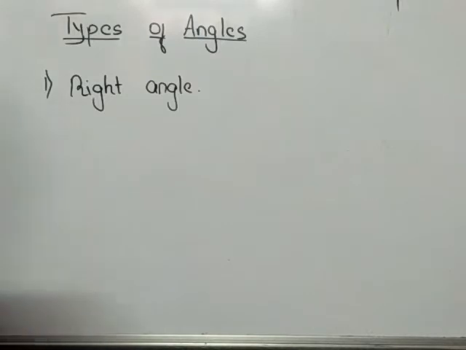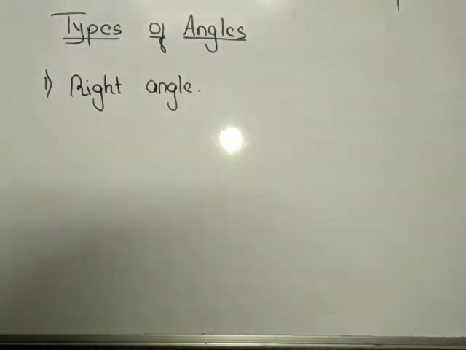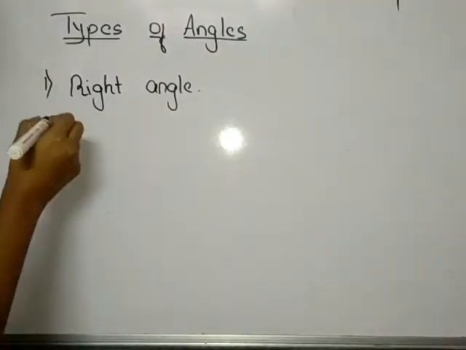Next we will study the types of angles. The first one is the right angle. A right angle is an angle which is 90 degrees. We will see examples of right angles.